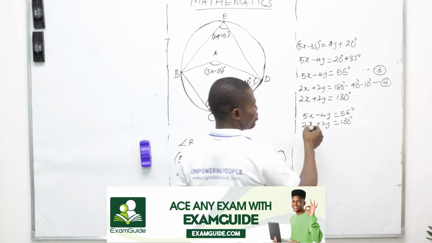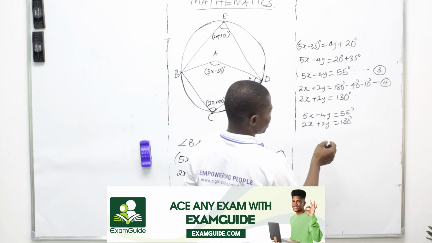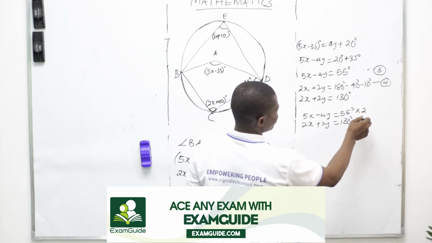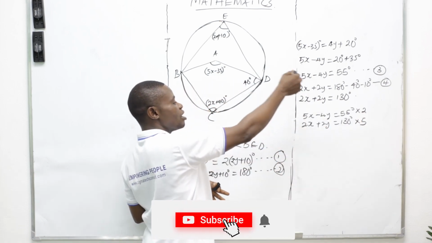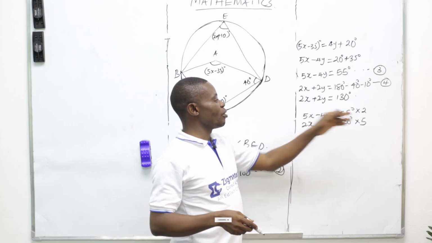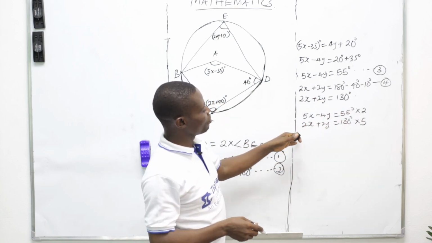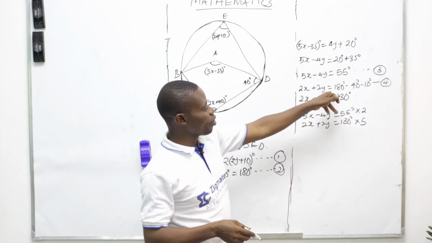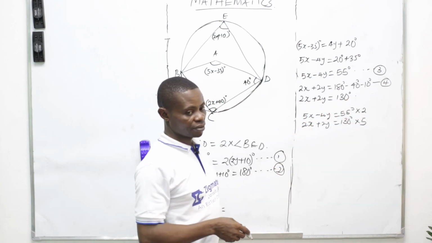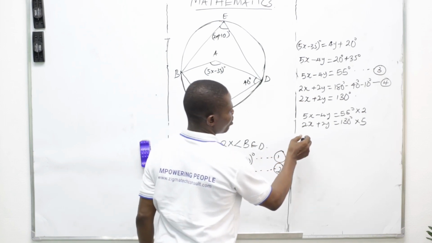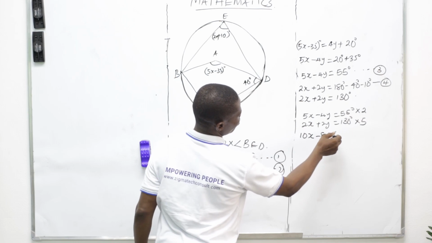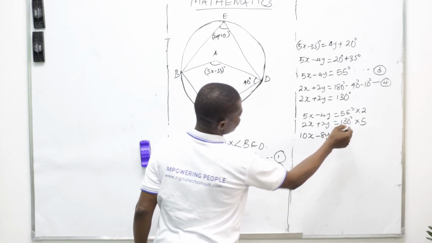Therefore, I will multiply equation 3 by 2, and equation 4 by 5, so I will have 10x minus 8y equals 110 degrees.